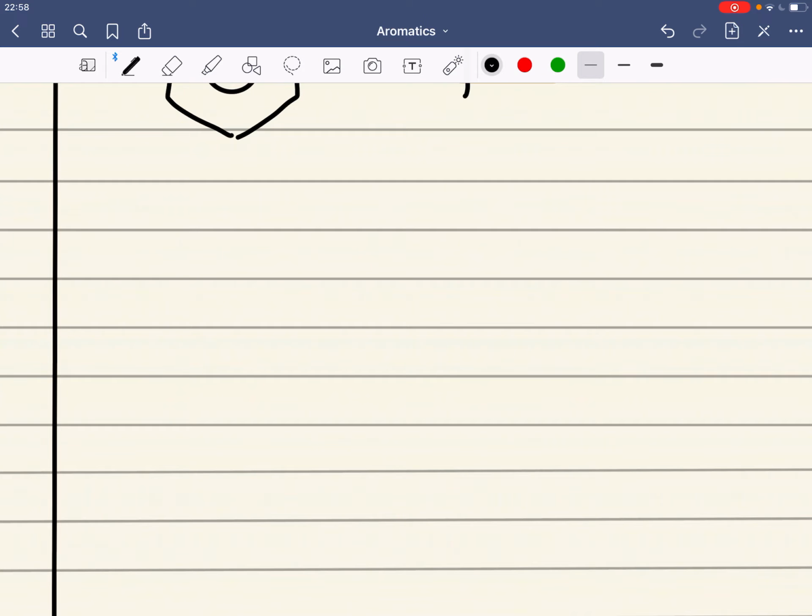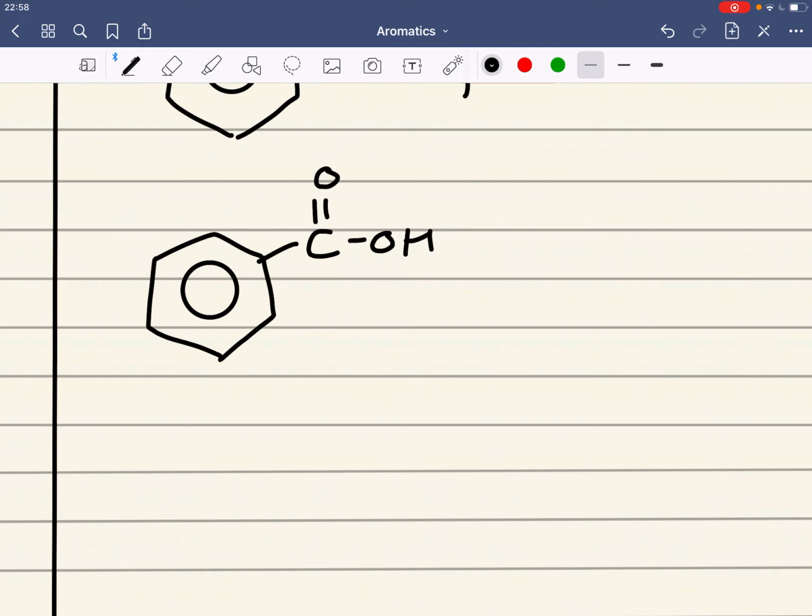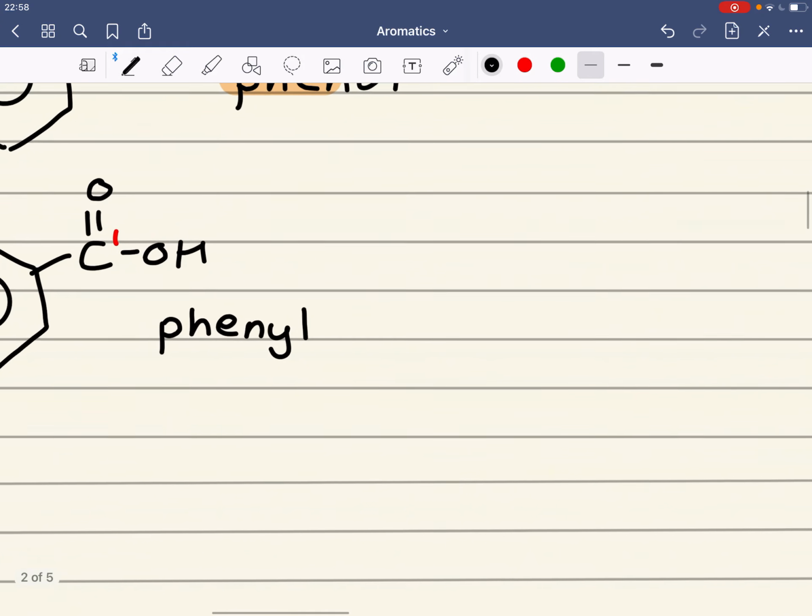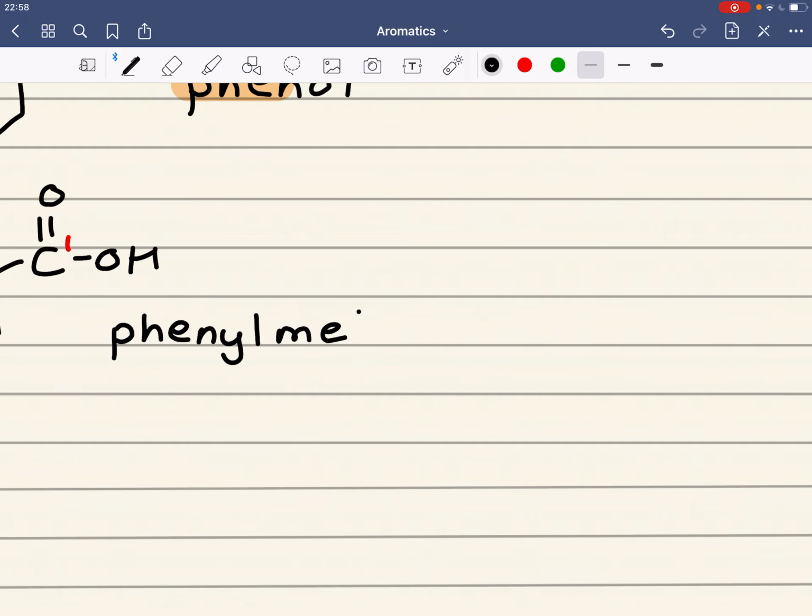There's always an exception to the rule. If you've got this compound here, you would expect it to be named phenyl, and then because I've got 1 carbon here, you'd expect this to be called phenylmethanoic acid.